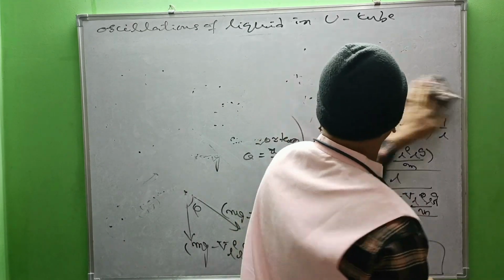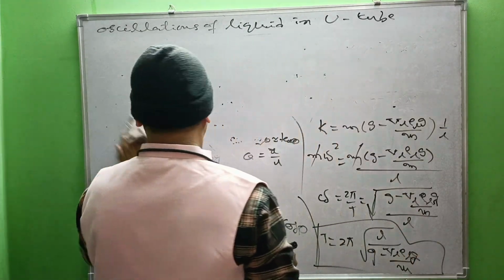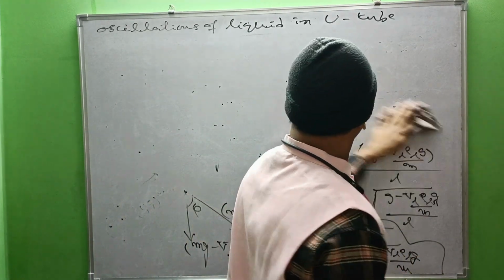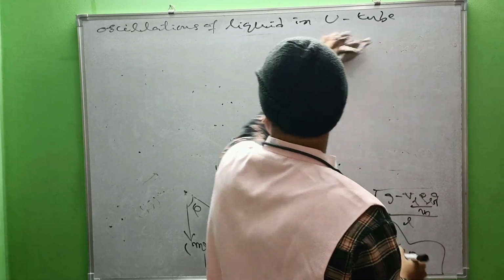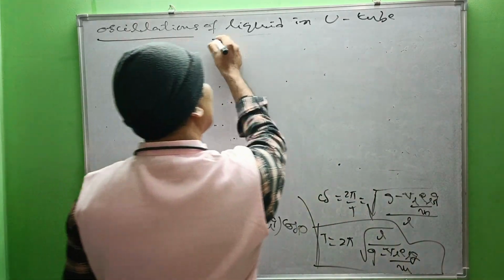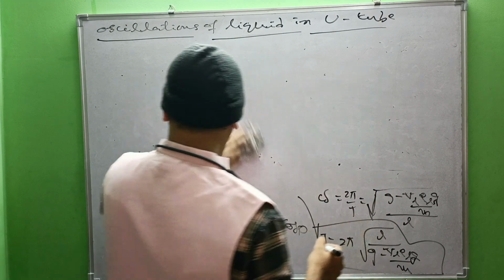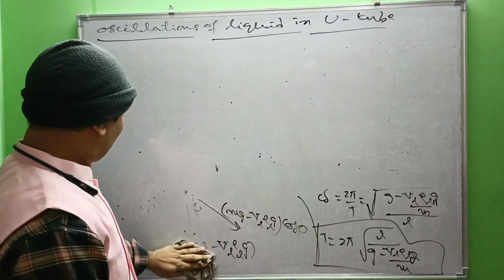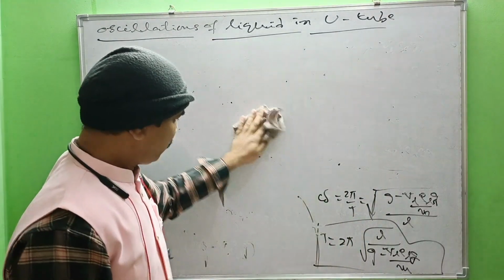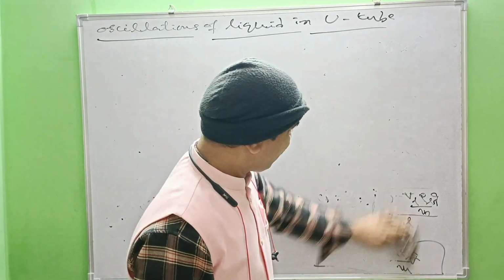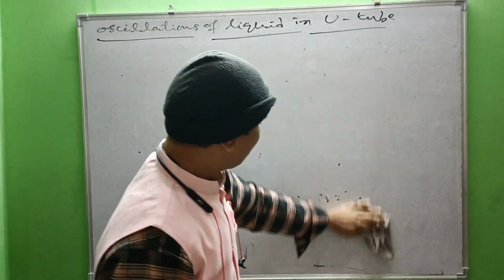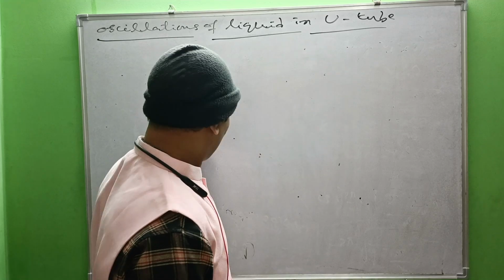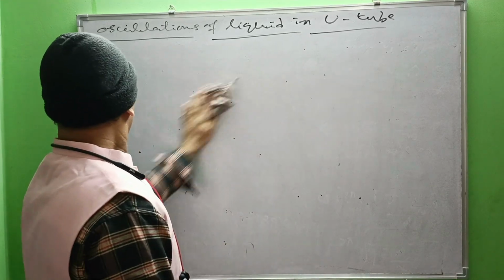So we have to consider one U-shaped device with two limbs, each of cross section capital A, as shown in the diagram, right? So that's what I'm going to write here.